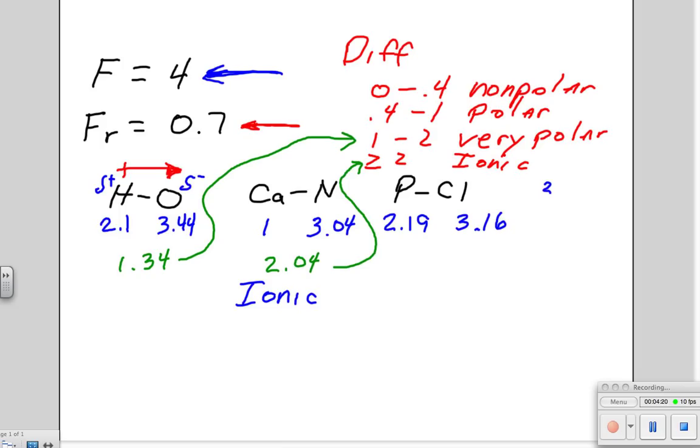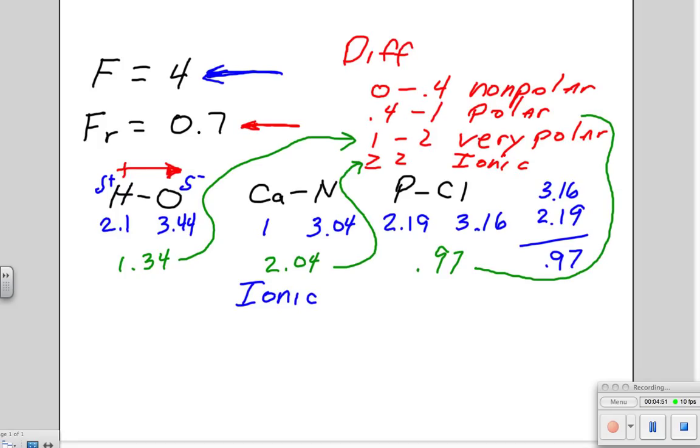So if I go 3.16 minus 2.19, I'm going to end up with 0.97. This 0.97 difference means that it is going to be a polar bond.